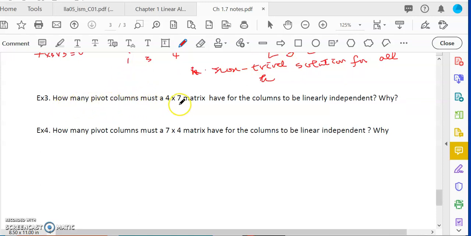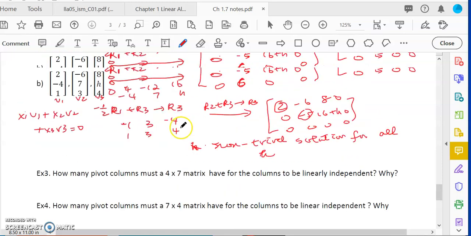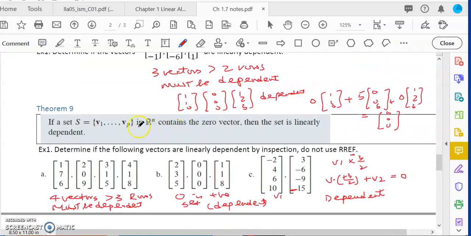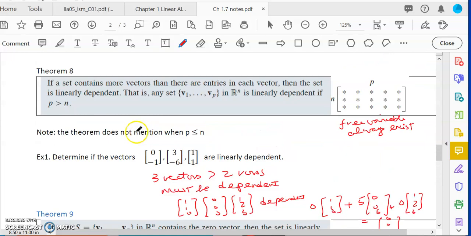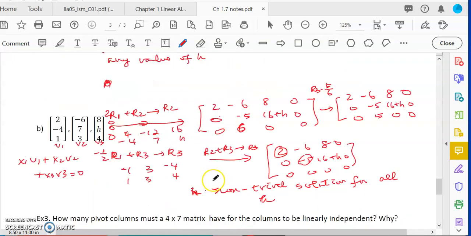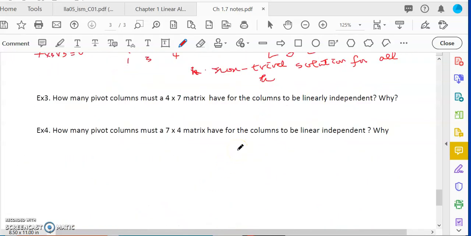How many pivot columns must a 4 times 7 matrix have? So according to theorem 8, which is about the size of columns and size of rows. If you have 4 rows and you have 7 columns, 4 times 7 means you have 4 rows, right?